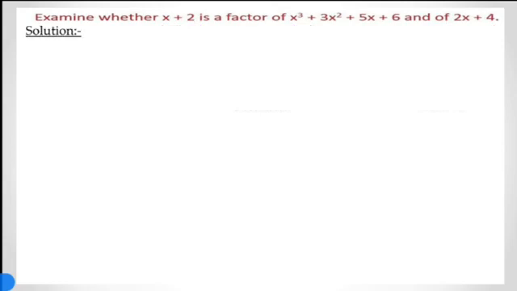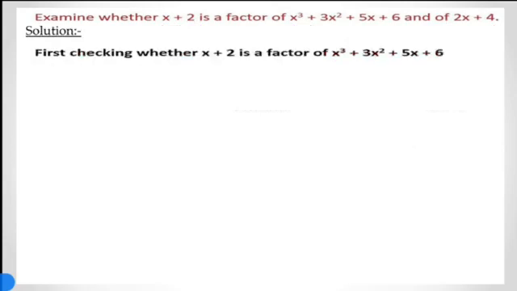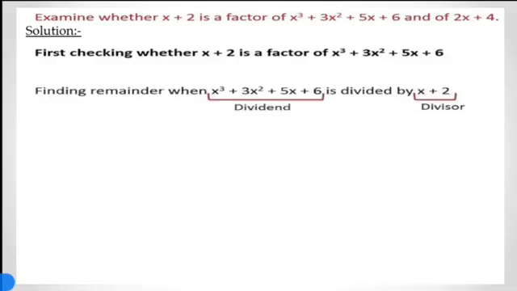Solution. First we need to check whether x plus 2 is a factor of x cube plus 3x square plus 5x plus 6. So first we need to find the remainder when x cube plus 3x square plus 5x plus 6 is the dividend and x plus 2 is the divisor.